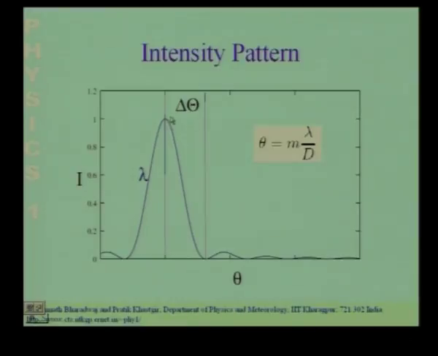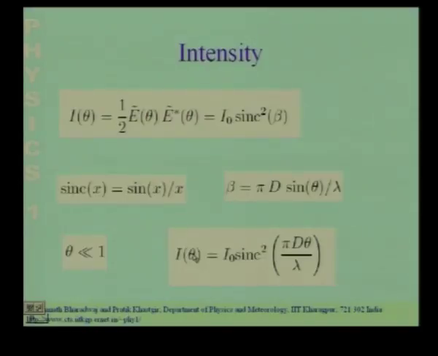But as I move away from the center, the intensity does not immediately fall to 0. There is a finite extent of the central bright spot. The intensity falls to 0. Let us ask the question, where does the intensity fall to 0? What is the width of the central bright spot?